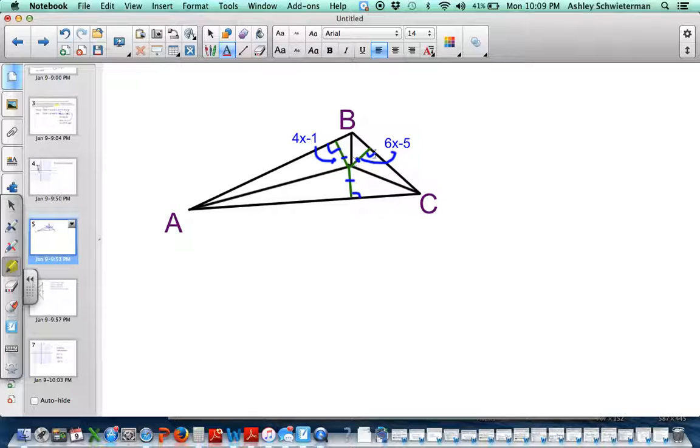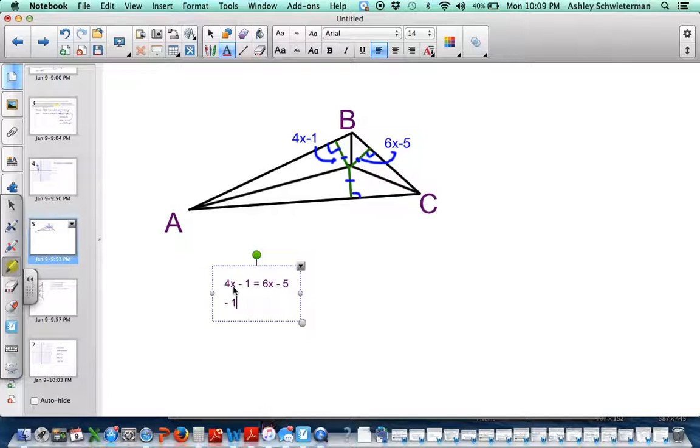So if they're equidistant from the sides, I know that this length is equal to this length. So in the end, I know that 4x minus 1 is actually equal to 6x minus 5, and I can solve for x.